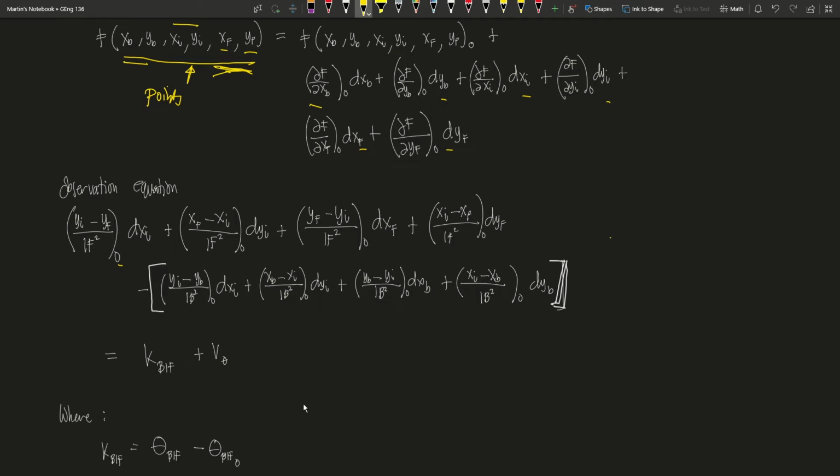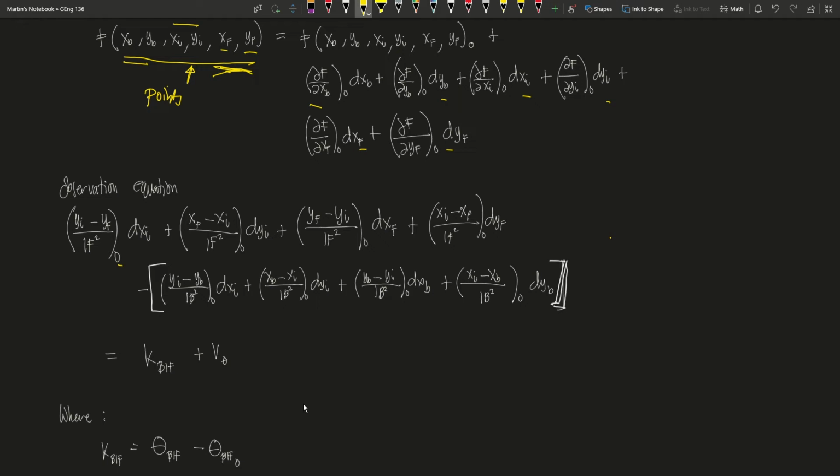So we say not, therefore this distance IF is varying, given that these two coordinates are not controlled. Same with the previous example we did in the previous lesson. Then, x sub f.